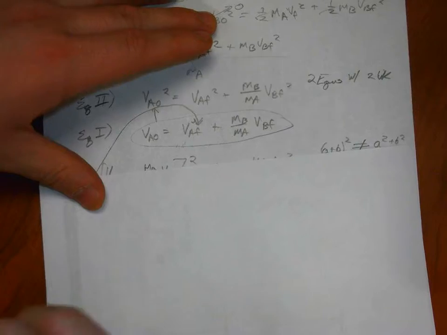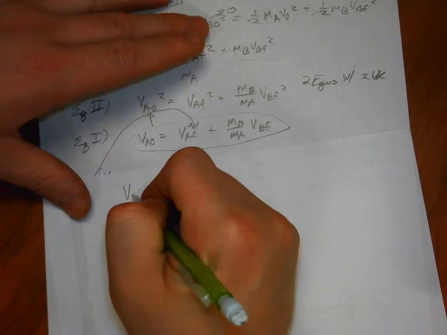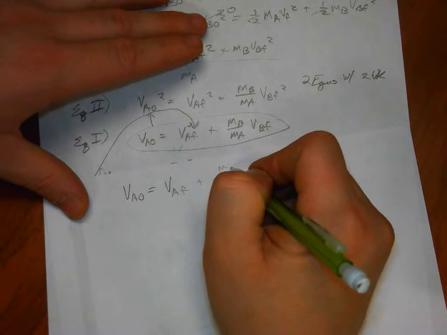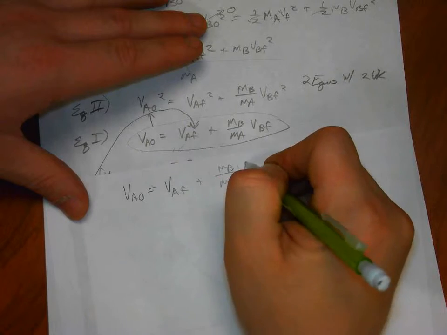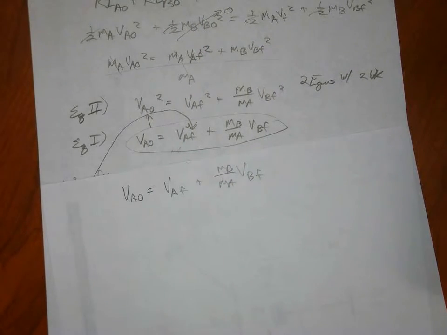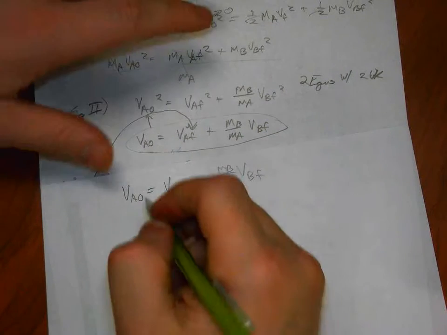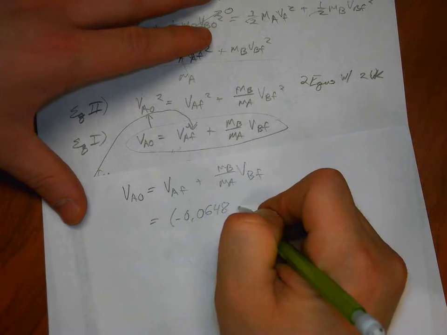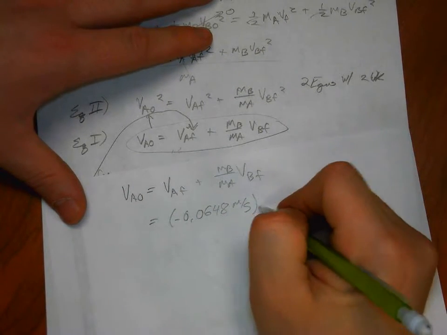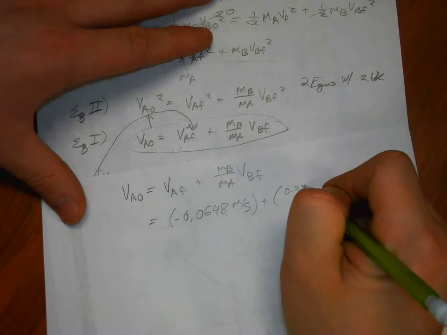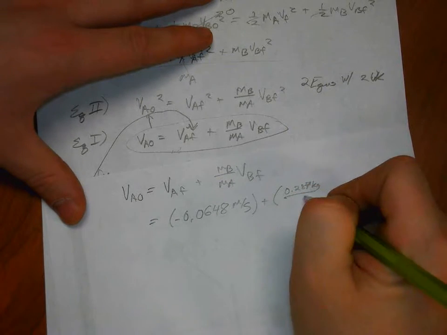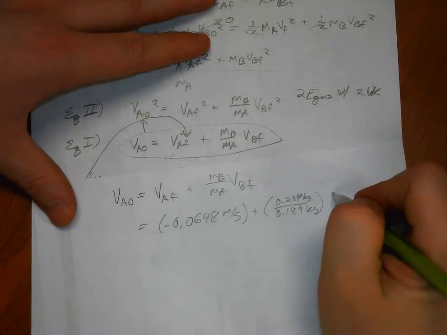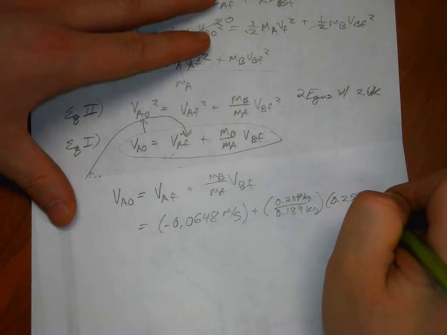So VA naught equals VAF plus MB over MA VBF, which equals negative 0.0648 meters per second plus 0.287 kilograms over 0.189 kilograms times 0.250 meters per second.